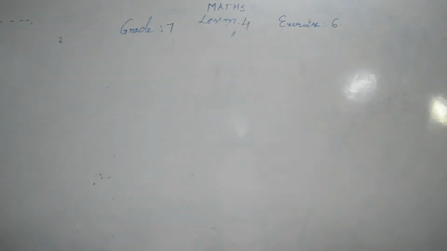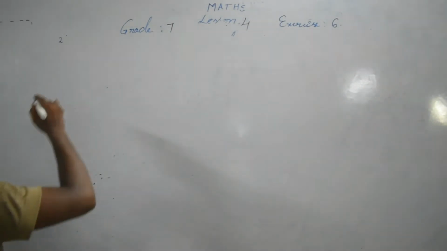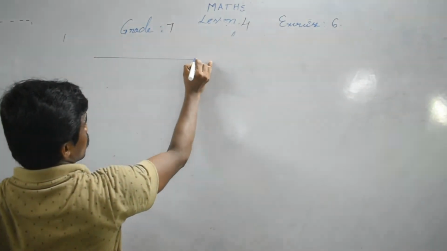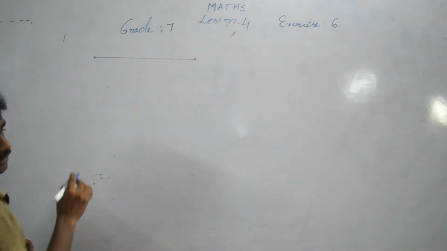Exercise 6, first one. Name two pairs of vertically opposite angles in the figure. So here one figure is given. What is this figure?